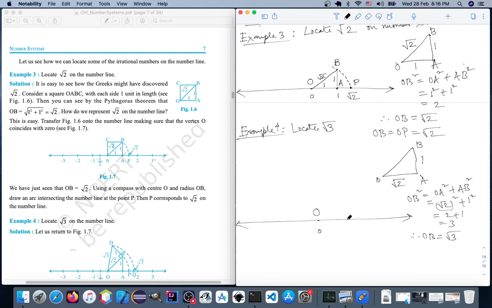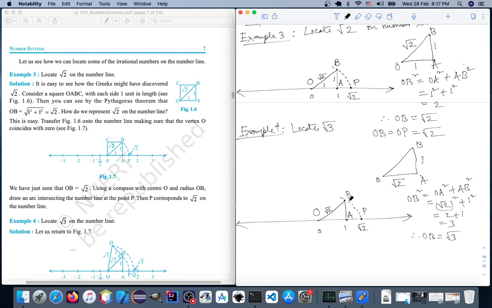We have here the point A and this point B. BA was perpendicular to the number line, and OB was root 2. With OB as the radius and center O, when we draw an arc, it intersects the number line at P. This distance OA is 1. So OP is now root 2.